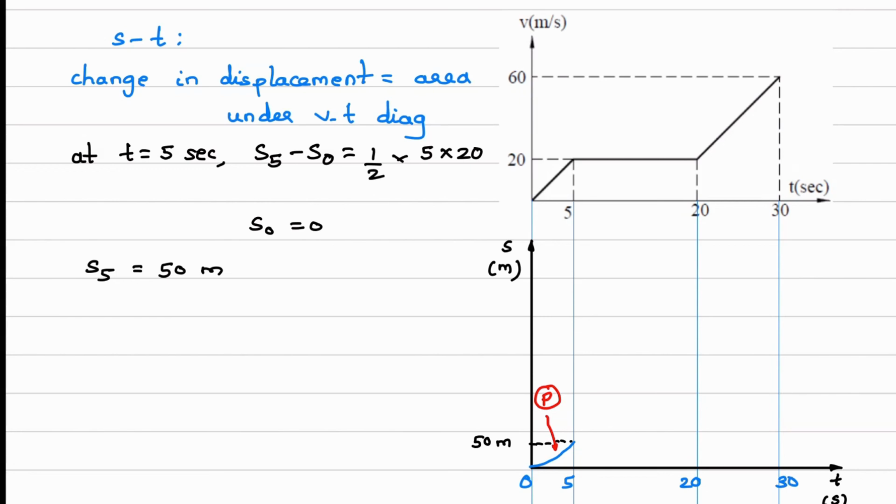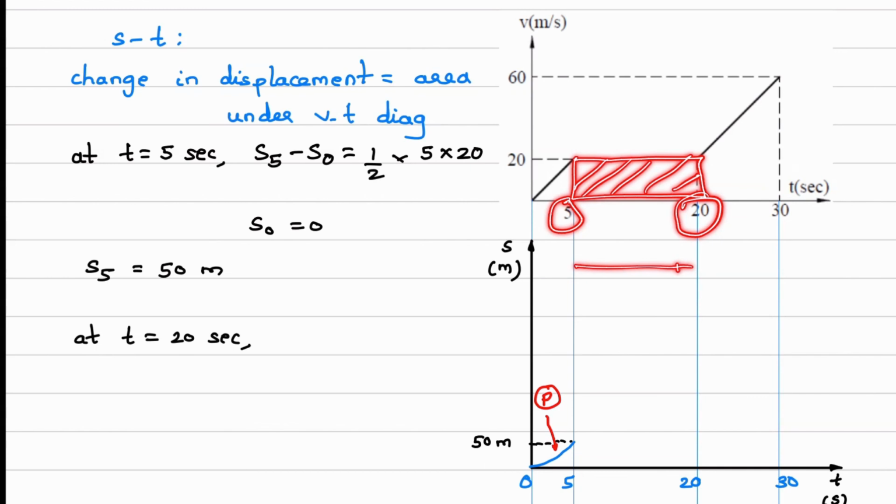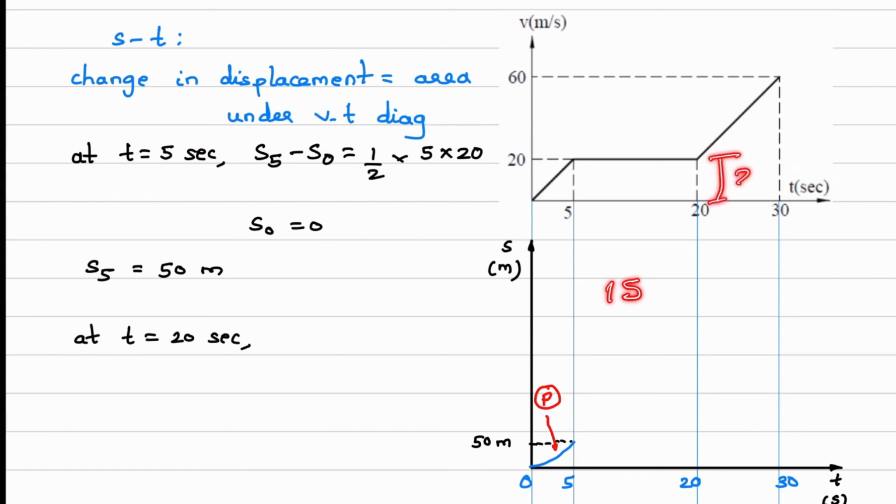Next we will see at t equal to 20 seconds. What can we write down? S20 minus S5 is area under VT. What is this area? It is this rectangle. What is the width of the rectangle? It is 20 minus 5, 15. What about height? It is 20.